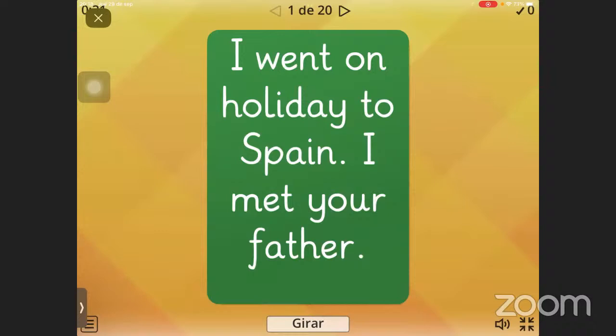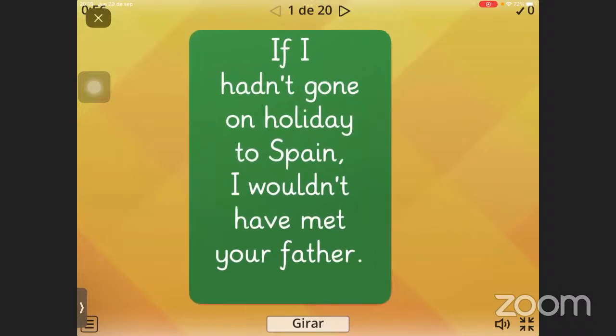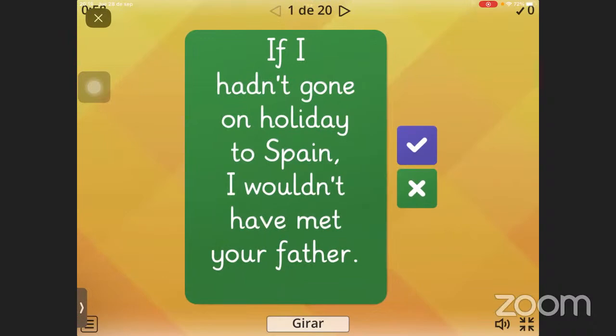Now, I want you to combine these 2 sentences and redo them into a third conditional sentence. If you combine this, it would be: if I hadn't gone on holiday to Spain, I wouldn't have met your father. Can you see?